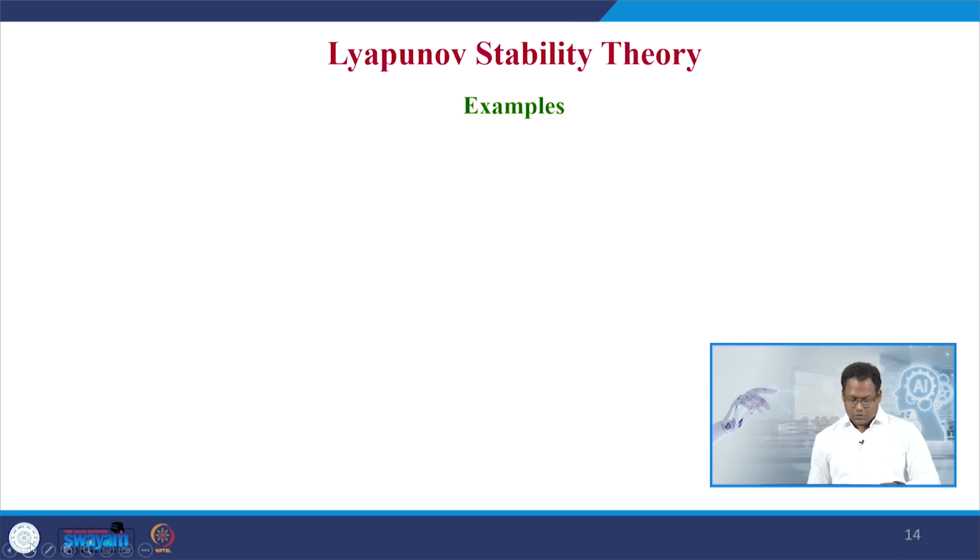So, the second approach here is direct method that must involve using a Lyapunov function candidate.